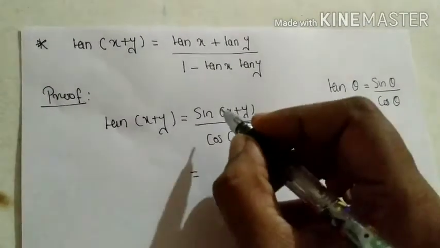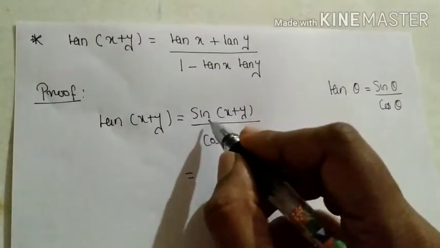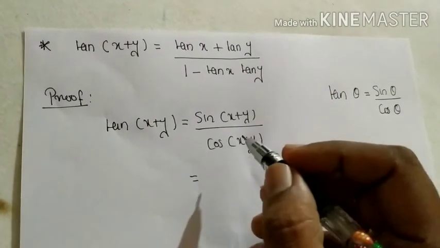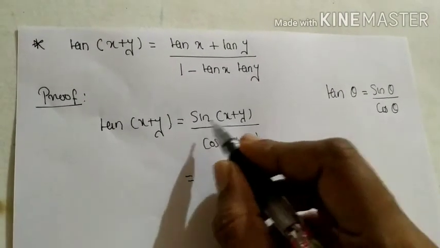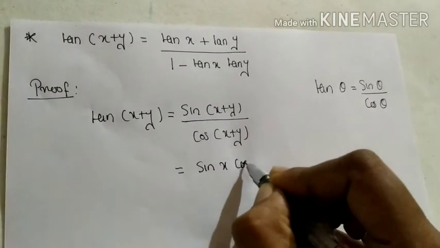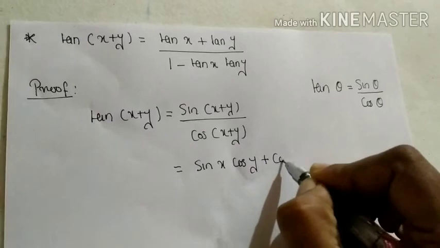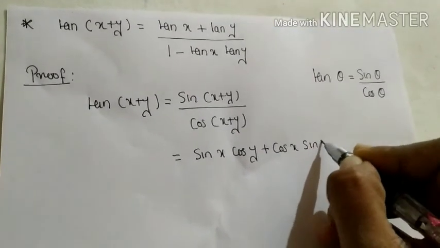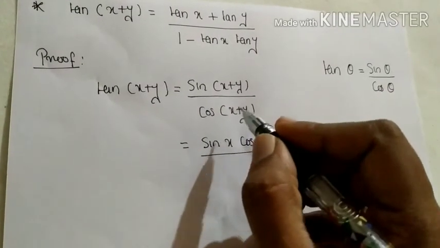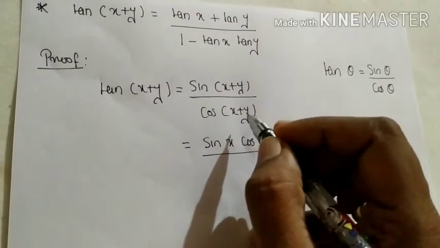Next I am going to expand sin of x plus y using trigonometric identity. Sin of x plus y equals sin x cos y plus cos x sin y, whole divided by, using trigonometric identity, cos of x plus y.